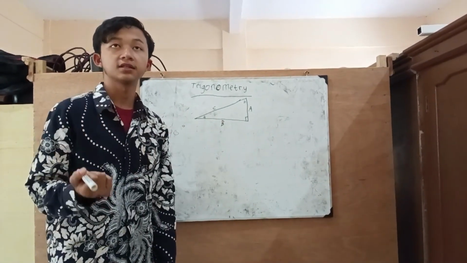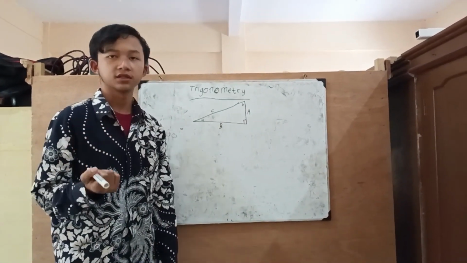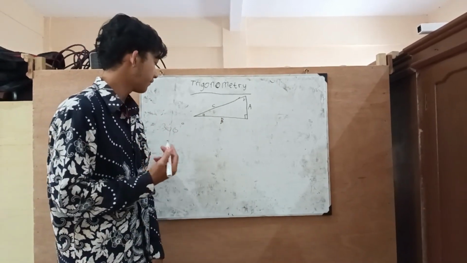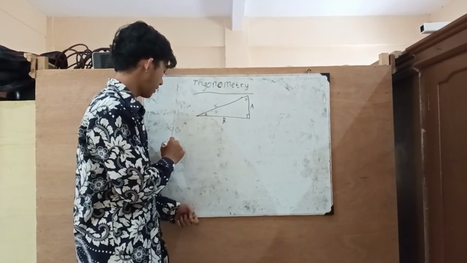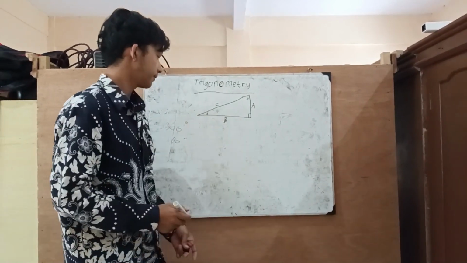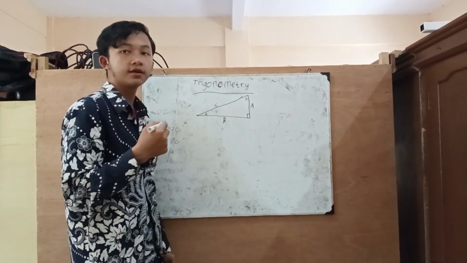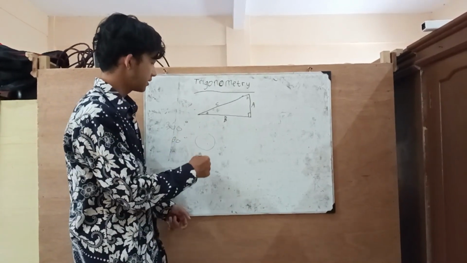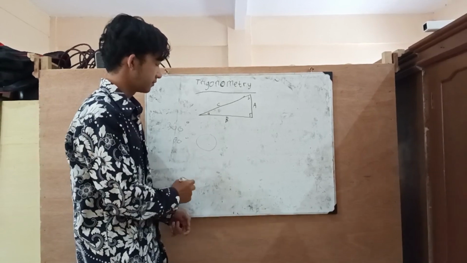And tan and cotan have the period pi, that is 180 degrees. 360 degrees is a circle and 180 degrees is a half circle.